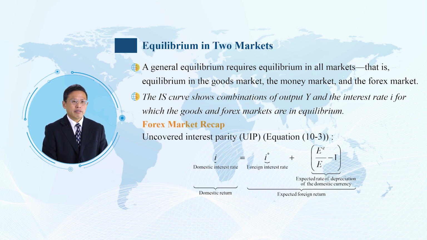Foreign exchange market recap. Uncovered interest parity, UIP, shows the expected return on the home deposit measured in home currency equals the foreign interest rate plus the expected rate of depreciation of the home currency.